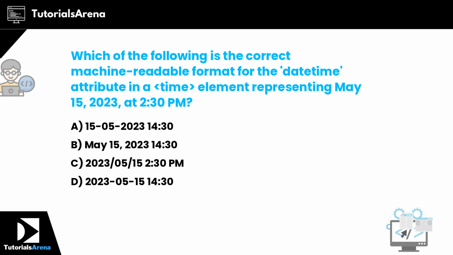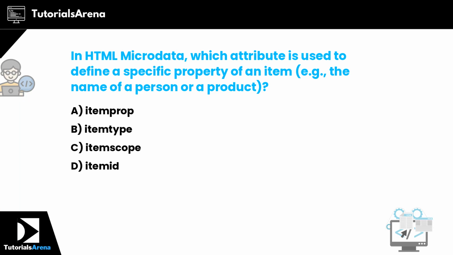Which of the following is the correct machine-readable format for the datetime attribute in a time element representing May 15, 2023, at 2:30 p.m.? The correct answer is option D, 2023-05-15 14:30. In HTML microdata, which attribute is used to define a specific property of an item, e.g., the name of a person or a product?